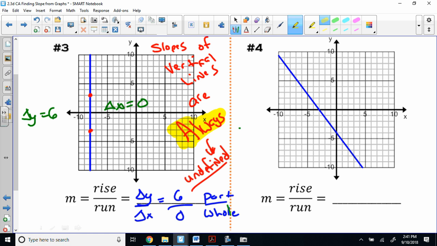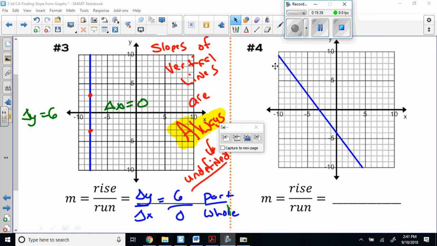Well, let's do this. Hey, let's do number 4 real quick, and then we're going to hop to another one. So I need you to do number 4 real quick. Go. Come on. You got 30 seconds. Go. Okay, the first point's going to be right here, right? Now, I can either find it going up this way or I can find it going that way. It does not matter as long as I find another point on the line that crosses at a perfect grid.